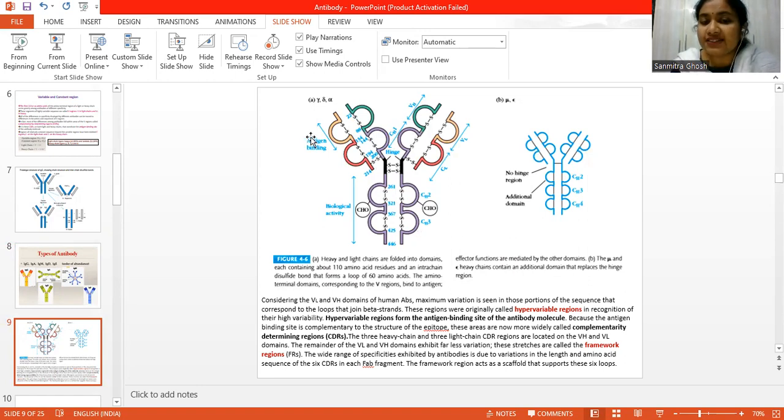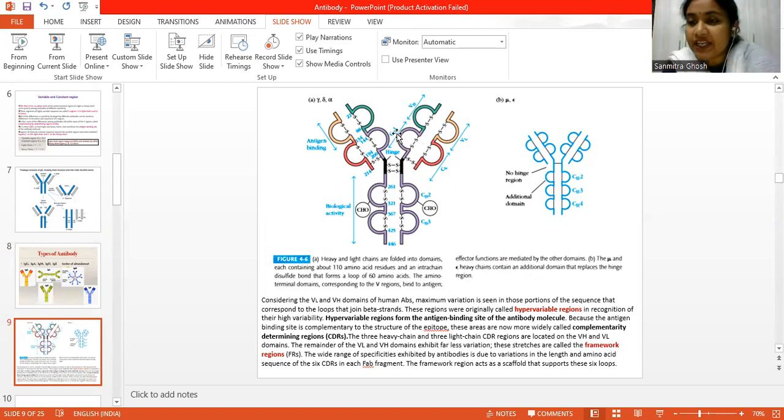If we consider the variable region domain of the light chain and the heavy chain in human antibodies, maximum variation is located in the portions of the sequence that correspond to the loops that join the beta strands. In this structure, beta pleated sheets are present, and where the disulfide linkages are there, they form loop-like structures that correspond to the CDR, or complementarity determining region.